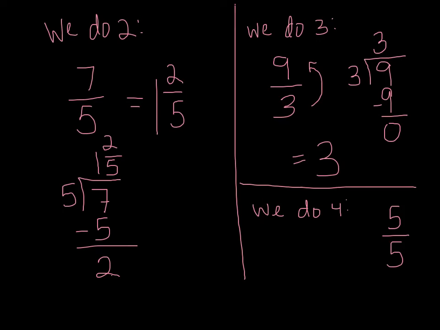What you'll find is that anytime a number is over itself, it's always 1, because 5 divides into 5 exactly 1 time. If I do 5 into 5, it's going to go 1 time exactly with nothing left over. So anytime you have a number over itself, it's always 1. It's just 1 because it divides evenly into itself 1 time.